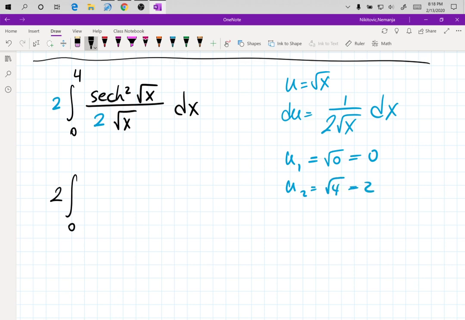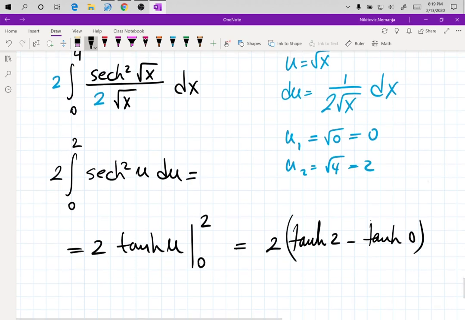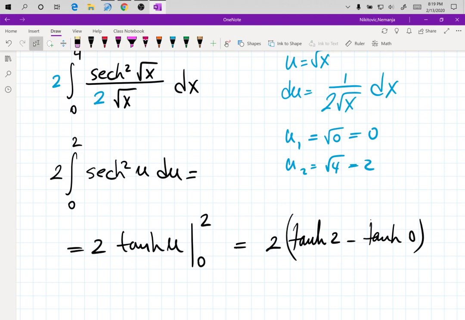So this is 2 integral 0 to 2 of secant hyperbolic squared u du, which is 2 tangent hyperbolic u from 0 to 2, that's 2, tangent hyperbolic 2 minus tangent hyperbolic of 0. Tangent hyperbolic of 0 is 0, and tangent hyperbolic of 2 is 1 looking at the graph. So 2, 1 minus 0 is 2. That's it.